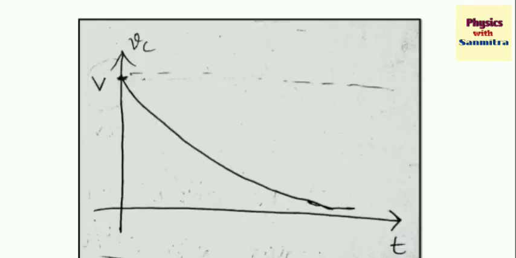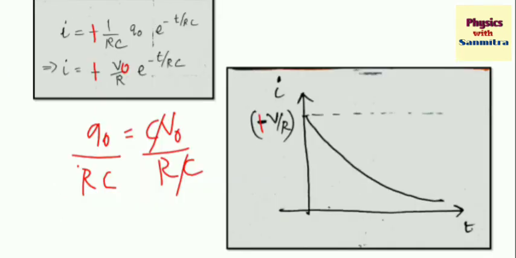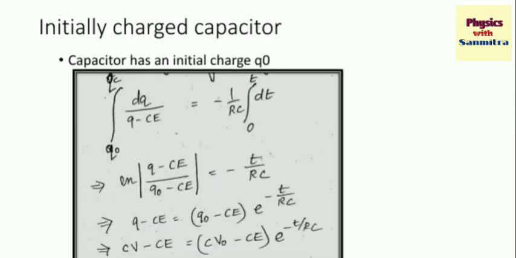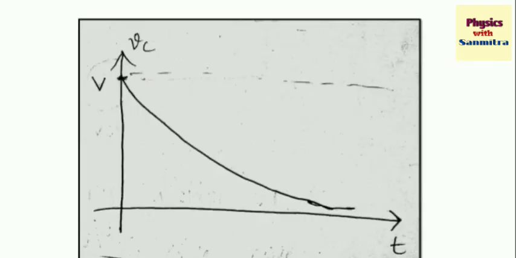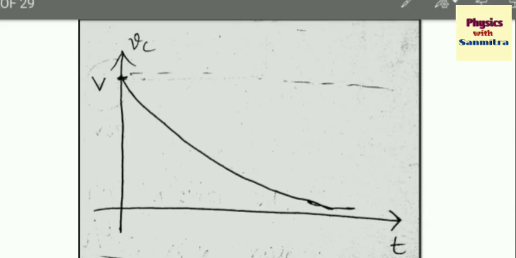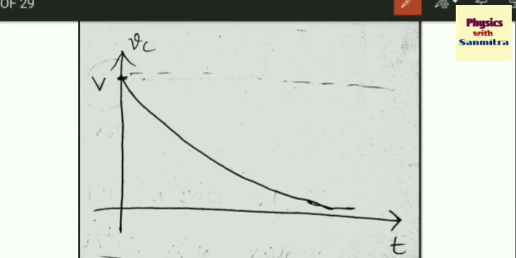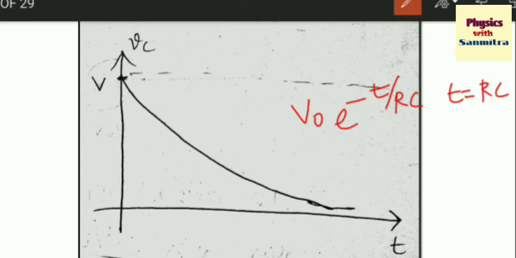Now let me explain a few points. What is the time constant in this case? Say V is V naught e to the power minus t by RC. At t is equal to RC, what will happen?